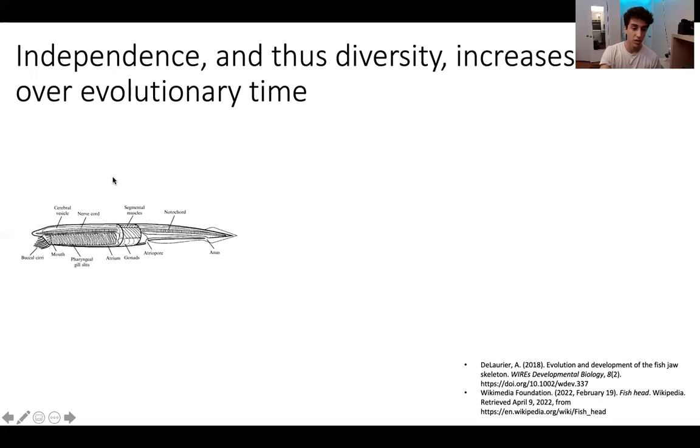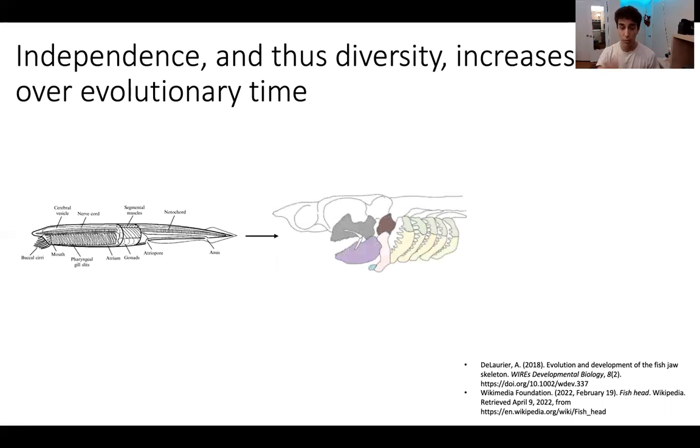What we see here is in this pre-vertebrate organism, the pharyngeal gill slits are sort of the same uniform structure without a lot of independence and diversity amongst them. Going forward in evolutionary time, we have now a vertebrate, and in this case, a shark with a rudimentary jaw structure, rudimentary hyoid, and then sort of the same repeating gill arches, but nevertheless more diversity.